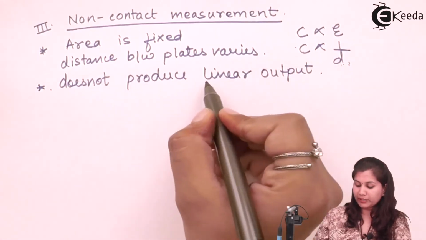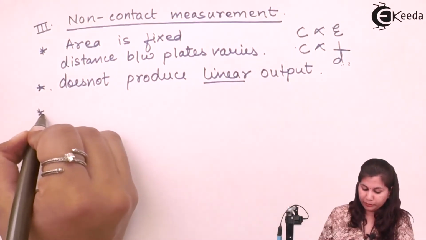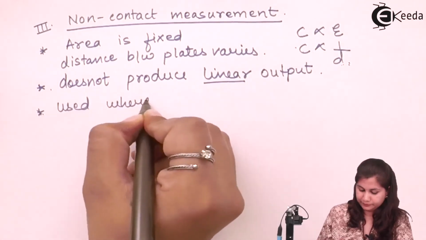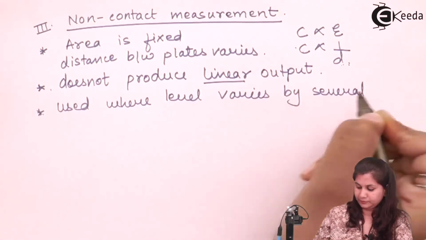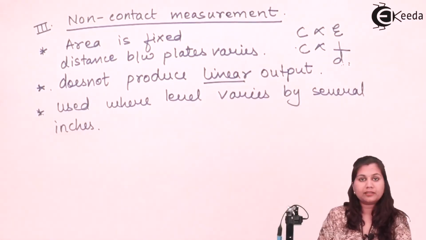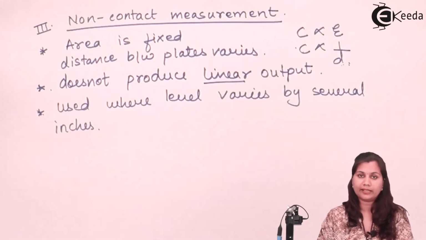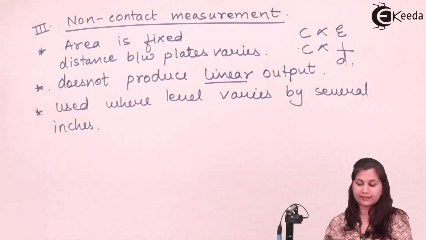So the output is not a linear output, it is a non-linear output. And this method is used where the level of the liquid changes by several inches. So these are the three types of level measurement done by the capacitance level sensors.